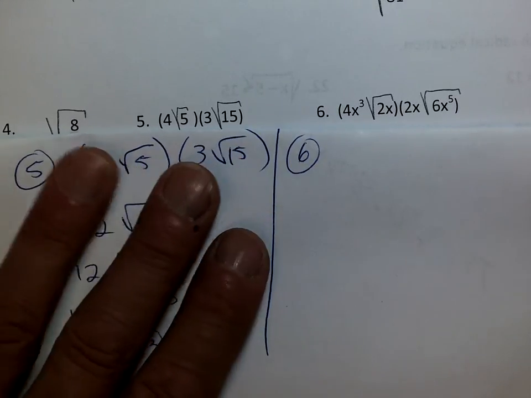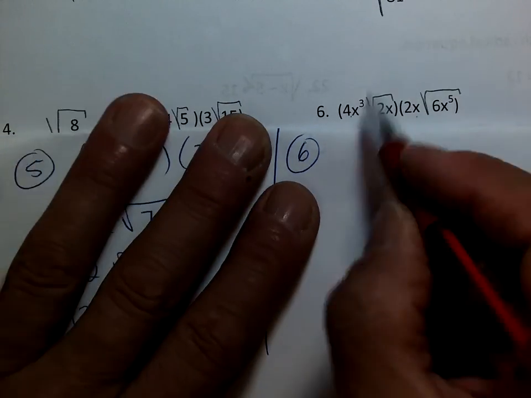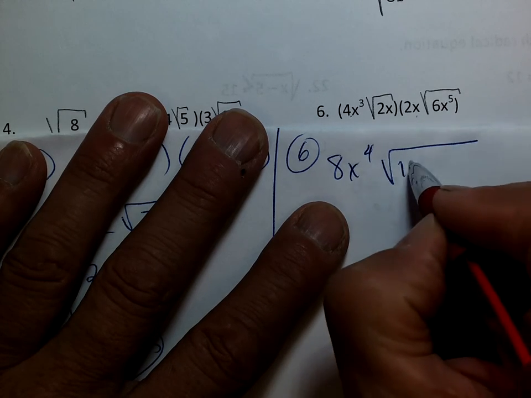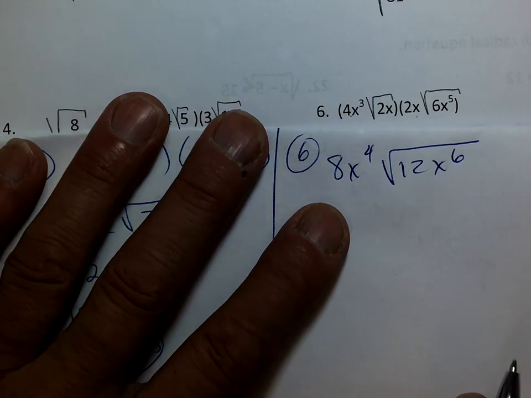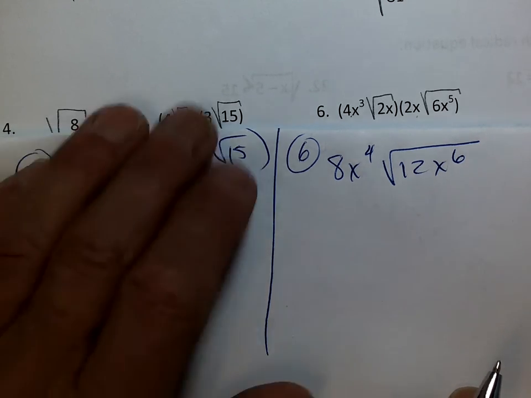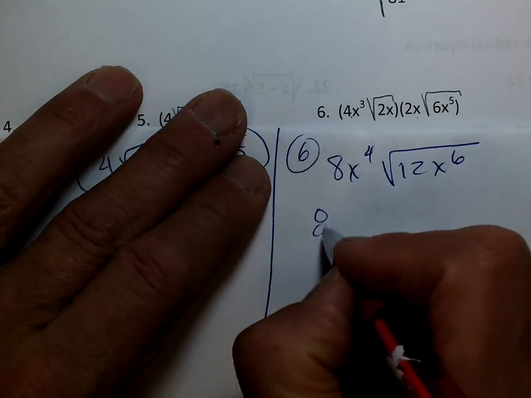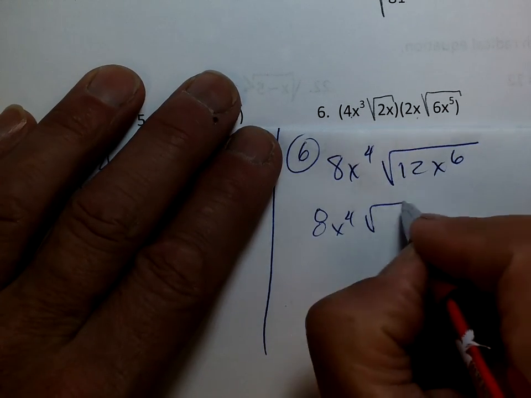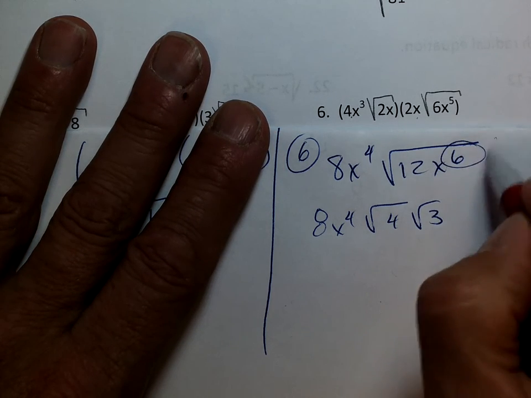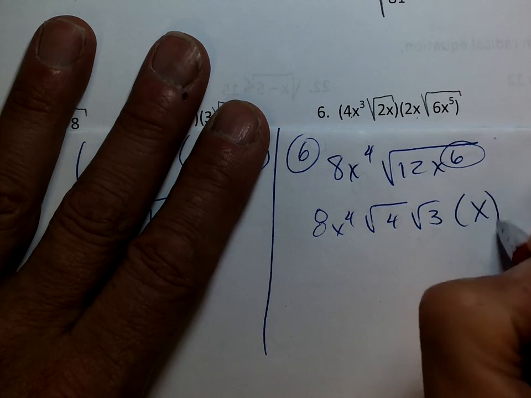Number 6. So it's just a bigger version. I'm going to multiply. I'll get an 8x to the 4th square root of a 12x to the 6th. Okay, I'm just multiplying the terms on the outside of the root, and I'm multiplying the terms on the inside of the root. So then 8x to the fourth, and I'll break down 12 into 4 times 3, square root of 4, square root of 3, and I'm going to take half of that, which makes it x to the third.